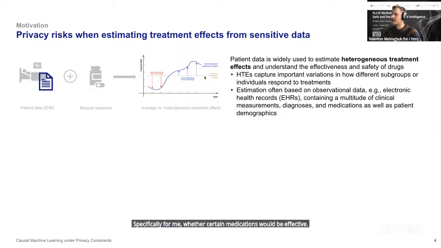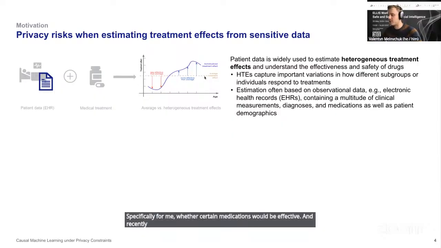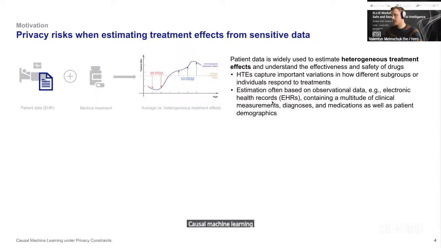And recently, a whole bunch of causal machine learning methods have been developed specifically to target heterogeneous treatment effects. They all rely on large observational data sets, which come from electronic health records, for example.